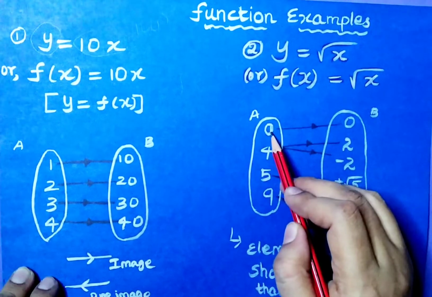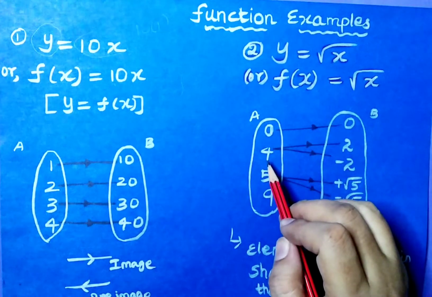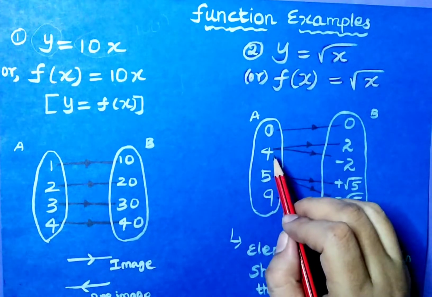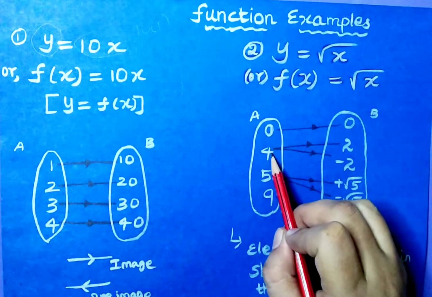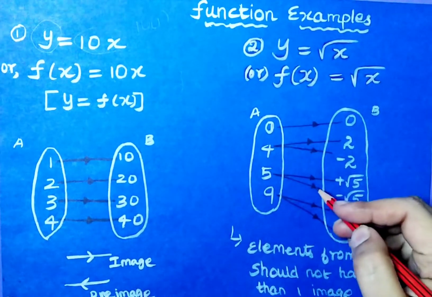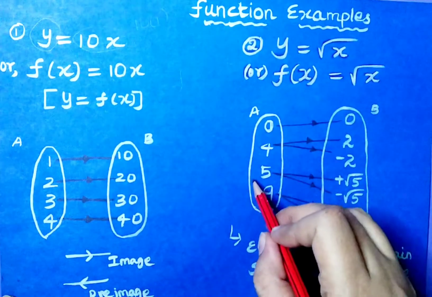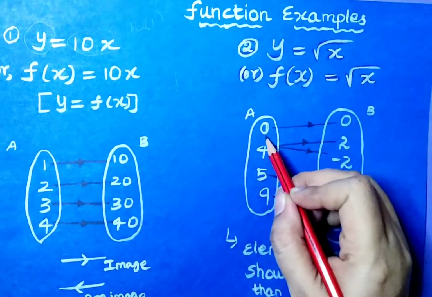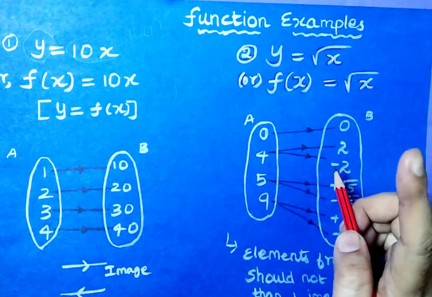So from the domain, the element should be mapped only once. That is, if 4 is mapped to 2, then 4 should not be mapped to any other element. Kindly note, for a function, the elements in the domain should not be mapped more than once.